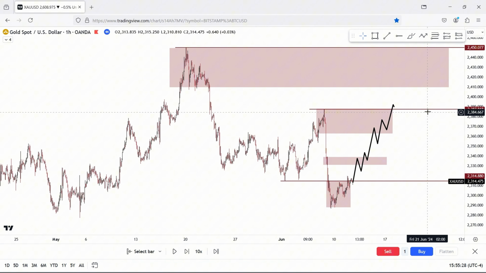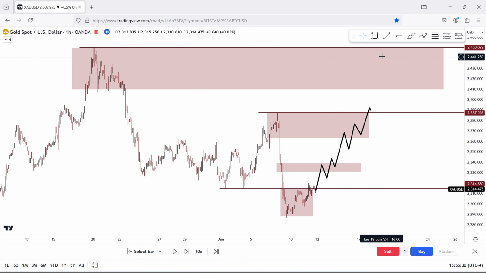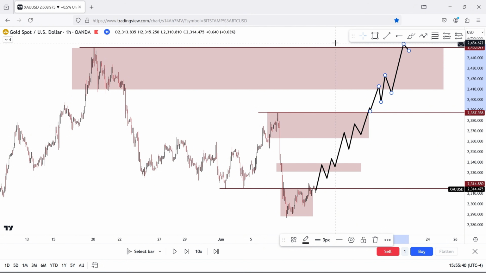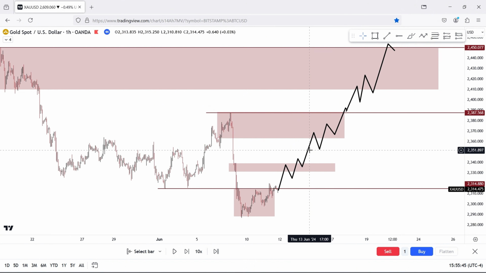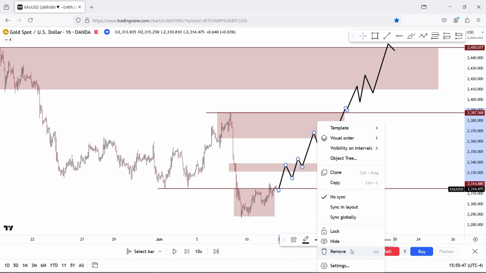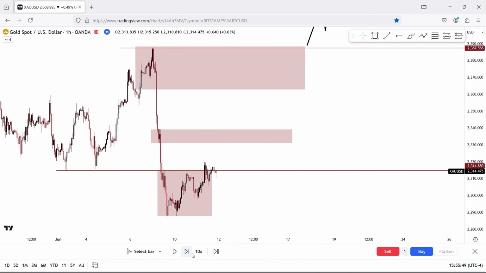And if price breaks through this level, we can target this level. We have our bias up to here, and then if price starts making higher highs right here, we can target our extreme external macro level, which is our higher time frame macro, as we explained previously. So this is the road. Now let's see how price behaves.